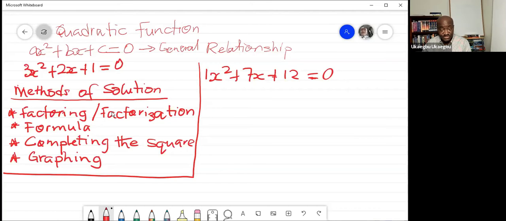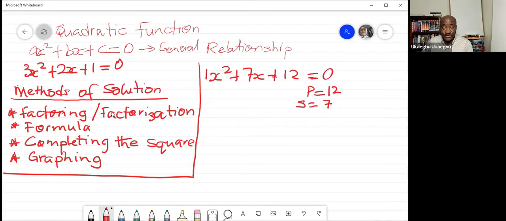So the first thing you need to do is multiply whatever c is by a. Whatever that gives you becomes a product. So you can say P equal to 12 times 1, which is 12. Product is 12. Then you take the coefficient of b, and the sum is equal to 7.